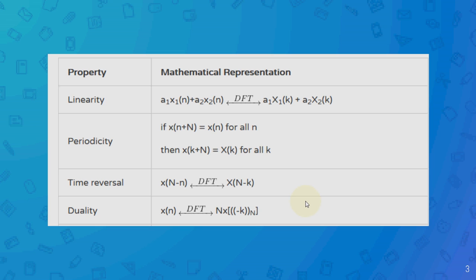Time reversal: if x of N minus n is the reversed signal, then its DFT is also reversed, that is X of N minus k. Duality: if x of n has the DFT X of k, then X of n has the DFT N x of minus k.